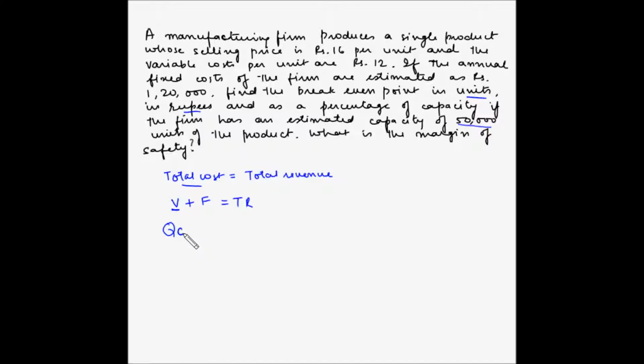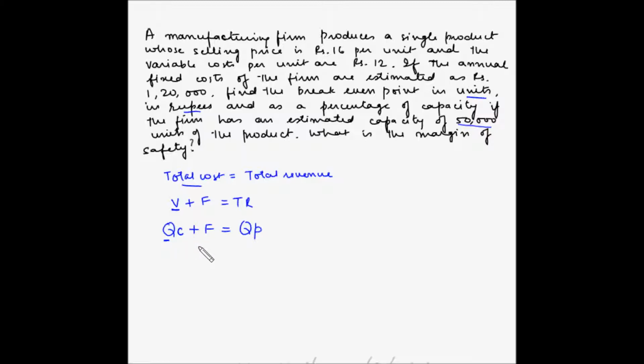That means the variable cost for producing 1 unit of the product, plus the fixed cost F, is equal to total revenue. Now the revenue will be equal to the quantity which we are producing, Q, multiplied by the price at which we are selling, let's say a small p. So here the break-even point in terms of units will be Q.